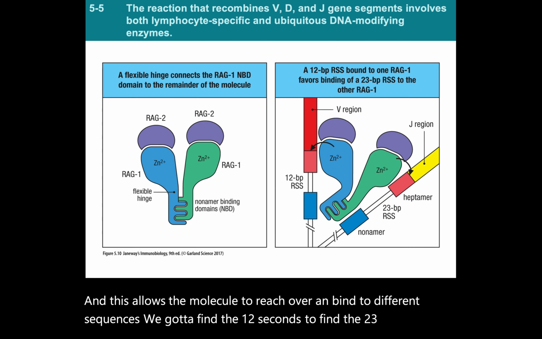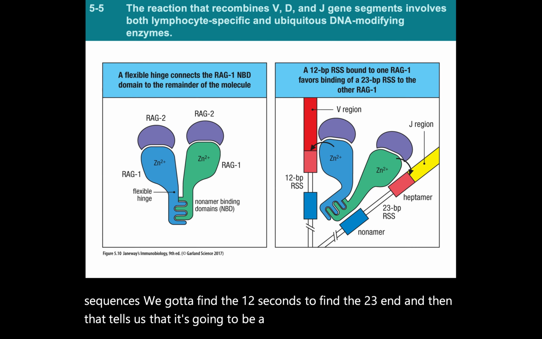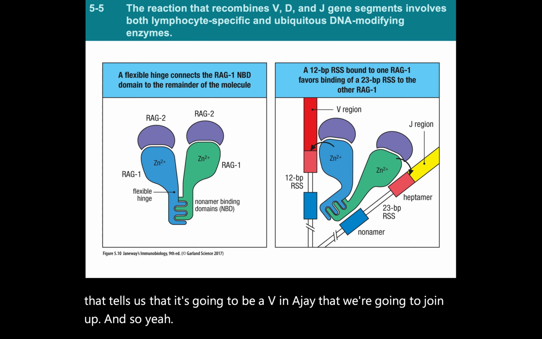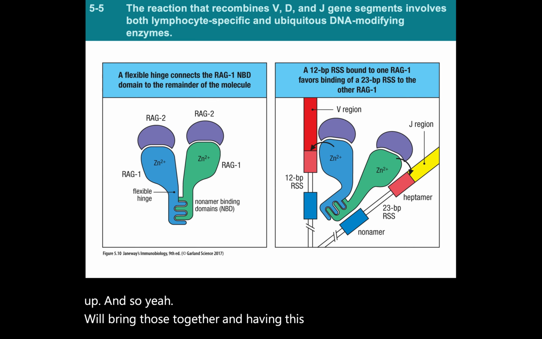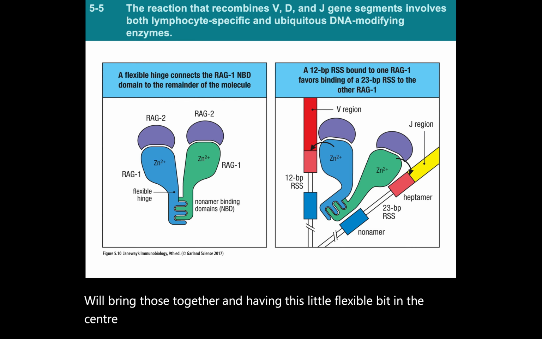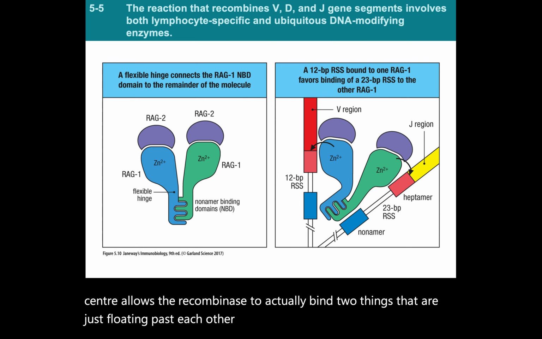And that tells us that it's going to be a V and a J that we're going to join up. And so we'll bring those together, and having this little flexible bit in the center allows the recombinase to actually bind two things that are just floating past each other. It makes it a little less rigid and a little more able to do its job.